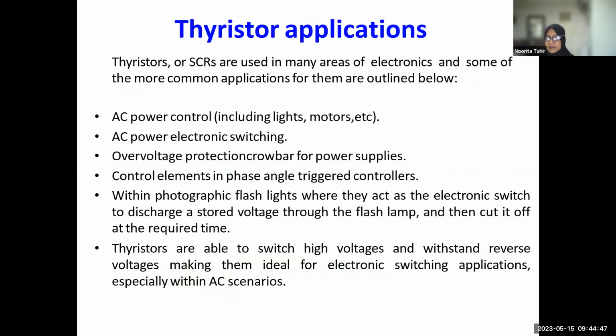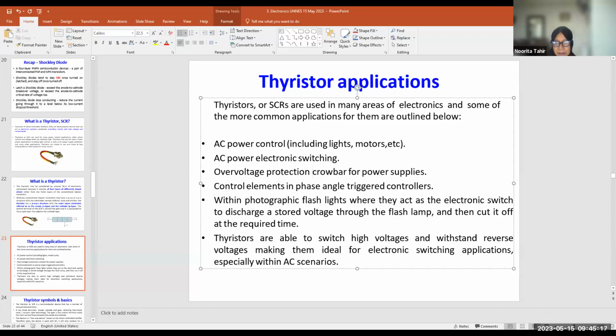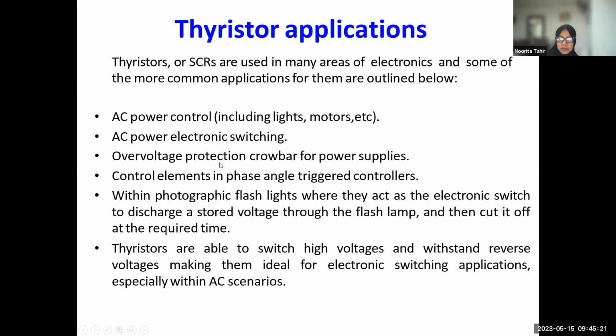Okay, so let's see where the thyristor is being utilized. These are some examples of applications of thyristors: for lighting, motors, AC power control, electronic switching, over voltage protection for power supplies, for phase angle triggered controllers as control elements, also for flash lamps and flashlights where we normally need a certain cut off timing.